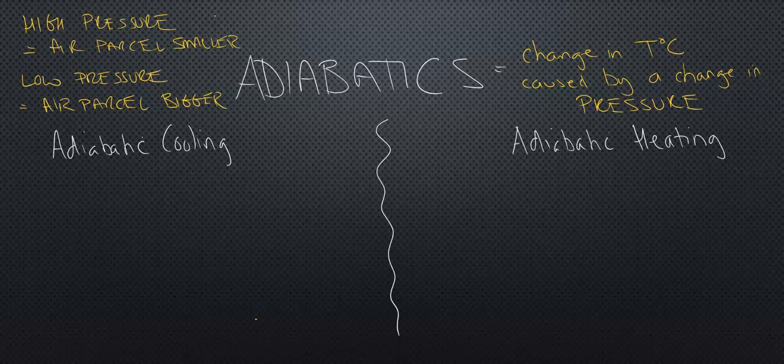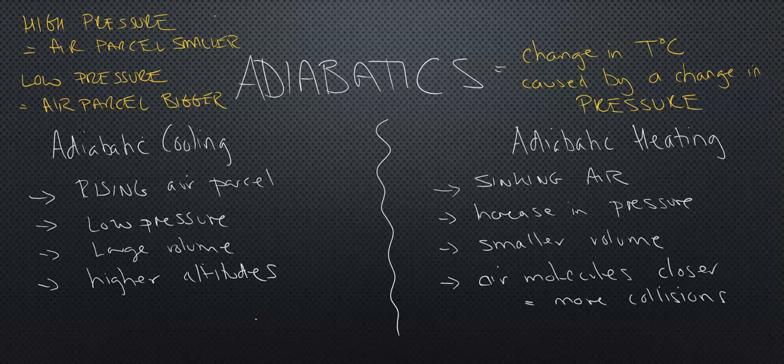If you lower the atmospheric pressure on that air parcel, it would get larger volume, and it would get colder. So you could have adiabatic cooling and also adiabatic heating. So this is to do with rising air parcel with adiabatic cooling, the lower pressure, the larger volume of air parcel, and obviously this happens with high altitudes when the air is rising.